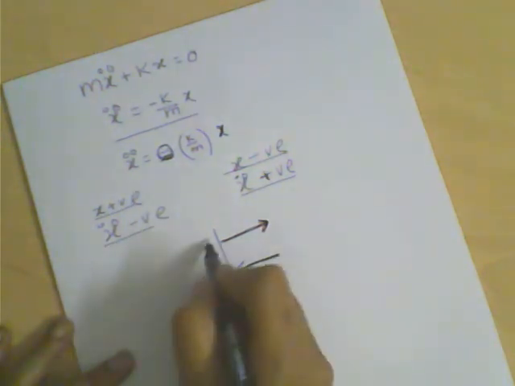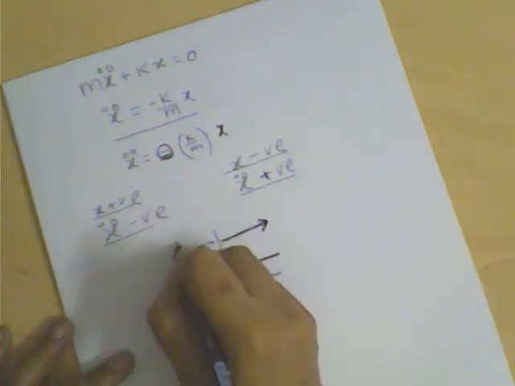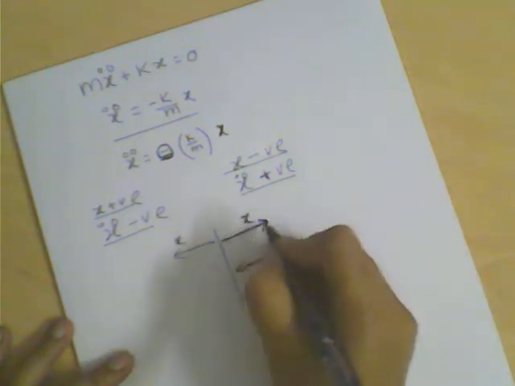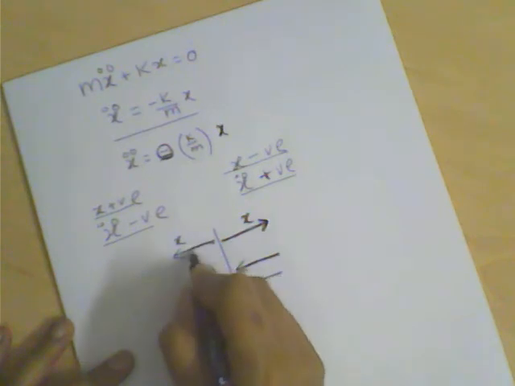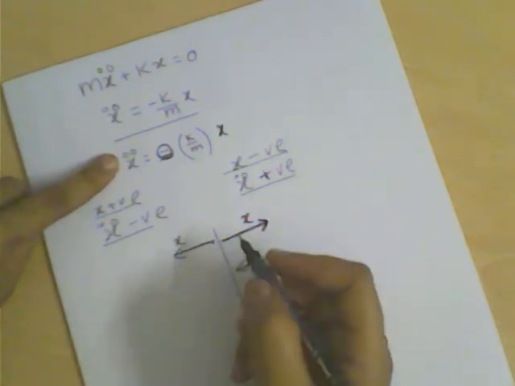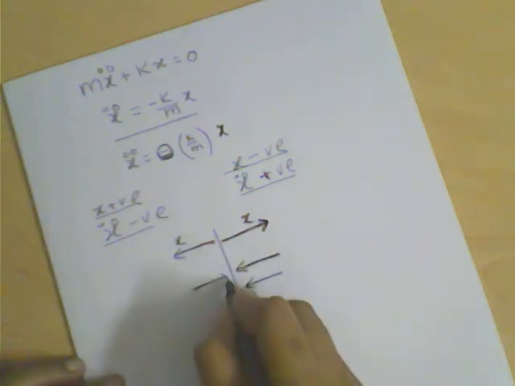In a similar sense, here the displacement was positive, and here the displacement is negative. When the displacement is negative, because of this particular relationship between displacement and acceleration, the acceleration will come out to be this one.